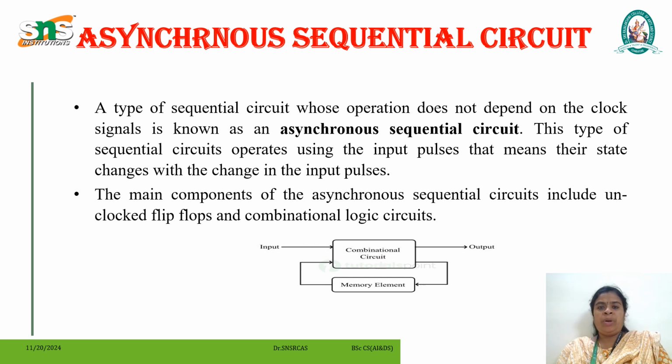The main components of the asynchronous sequential circuit include unclocked flip-flops and the combinational circuit. The block diagram of a typical asynchronous sequential circuit is shown in the figure. It is clear the circuit is similar to a combinational circuit with feedback.